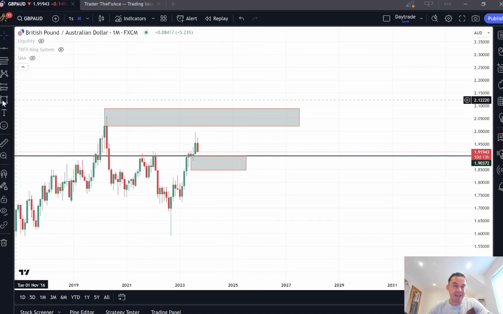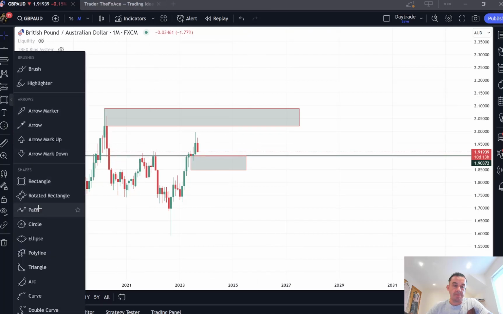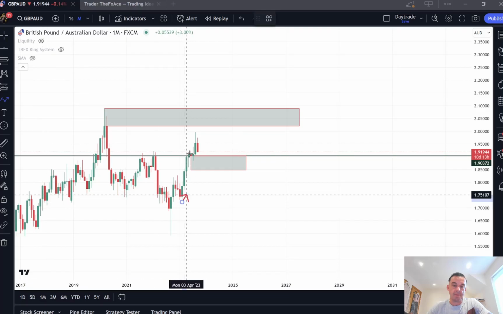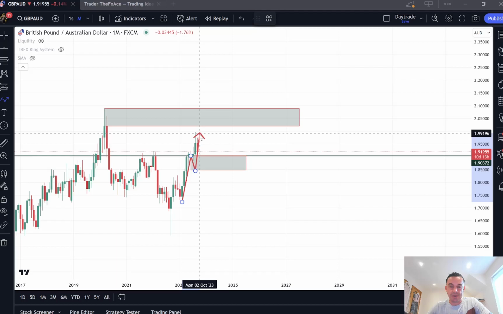The reason that's a buy level is because the market actually paused here. So we had this rally up, market paused at this resistance where we are now, and then dropped down and then rallied and broke heavily up through that resistance. So what we're kind of waiting for is a pullback to that level.